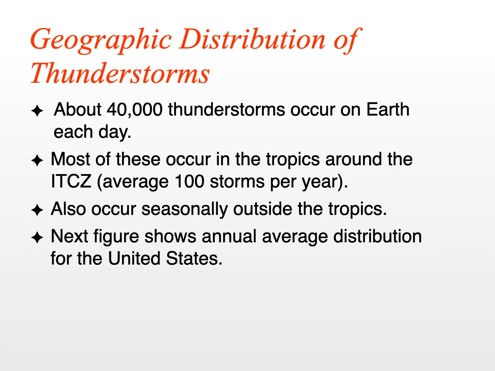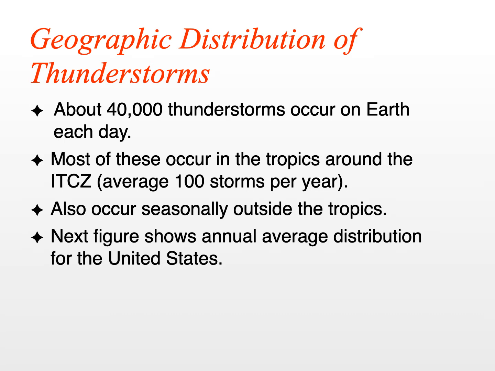They occur seasonally outside the tropics, in the middle latitudes and lower high latitudes when summer arrives over land masses. In the United States, thunderstorm season begins around March and ends in about October.